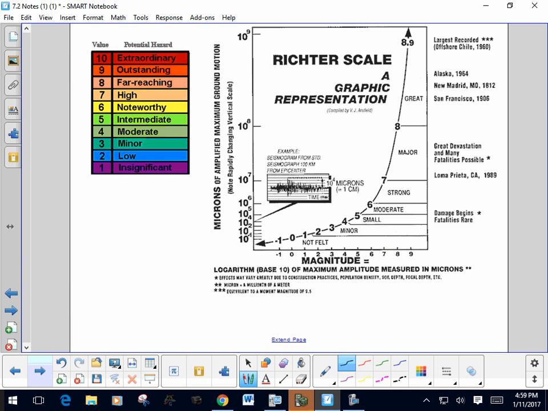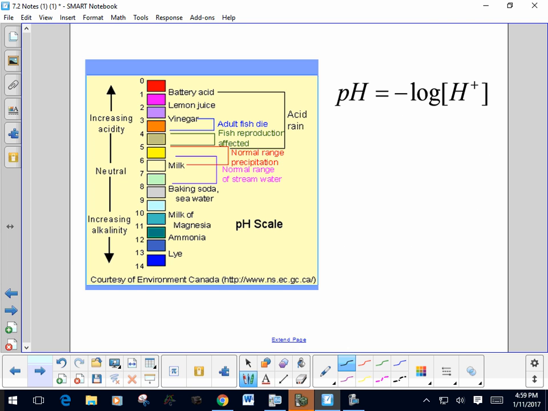This is showing you a Richter scale. Another one is pH. The pH scale for measuring how basic or acidic a solution is, that is a logarithmic scale. The pH is the negative log of the hydrogen ion concentration.